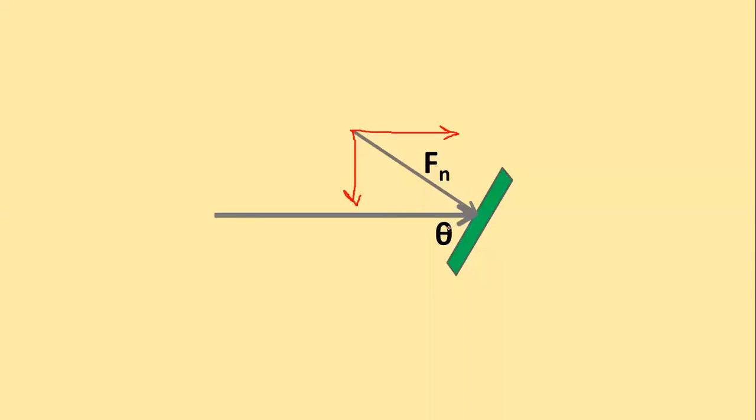Now, if this is the angle theta, this here will also be the angle theta. And the component nearby to this angle will be Fn cos theta, and this will be Fn sin theta.